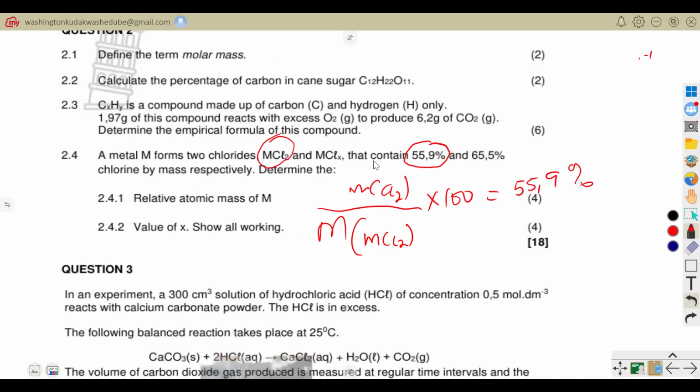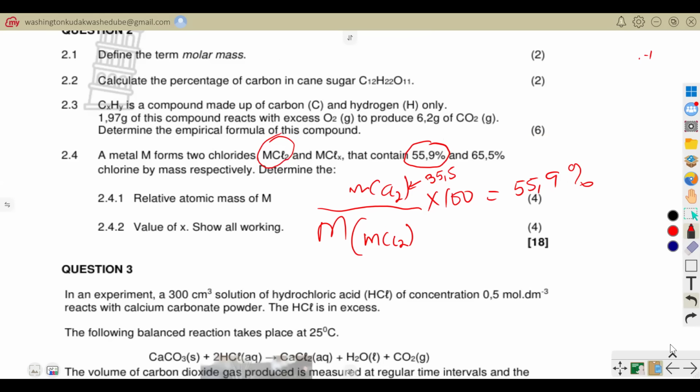So if I'm able to determine the mass of chlorine and the total molar mass of this compound, I'll be able to find this. What I can find is the relative atomic mass of chlorine. The relative atomic mass of chlorine is 35.5 from the periodic table.